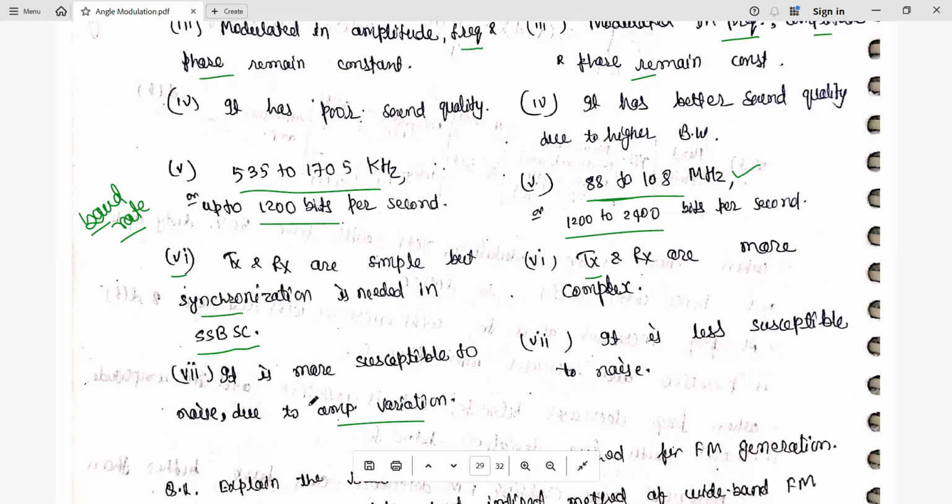The envelope is not constant, and the amplitude changes according to the message signal, so it is not immune to noise and can be affected easily. Whereas in FM, the amplitude is constant, so it is less susceptible to noise and has more immunity from noise.